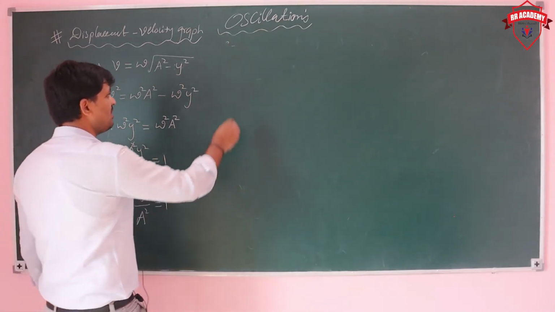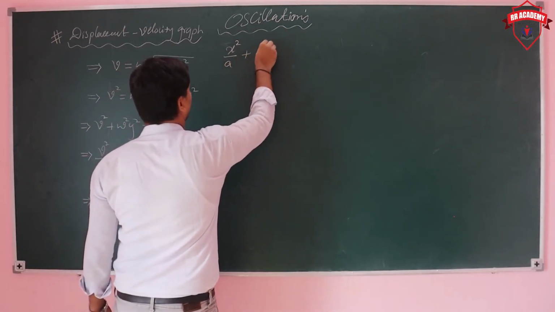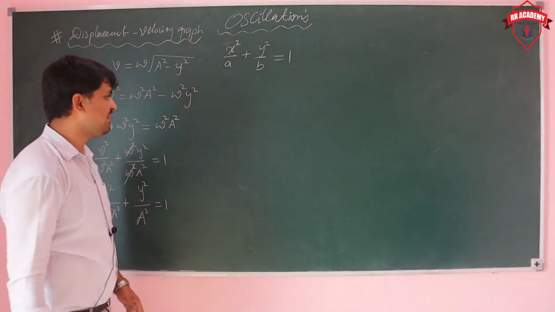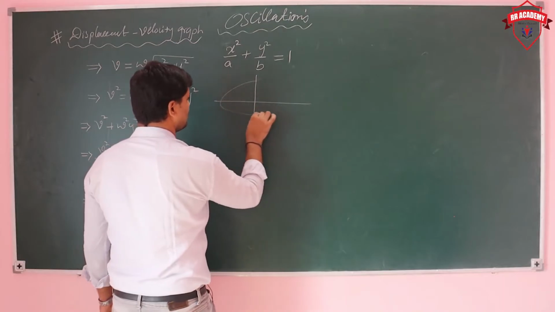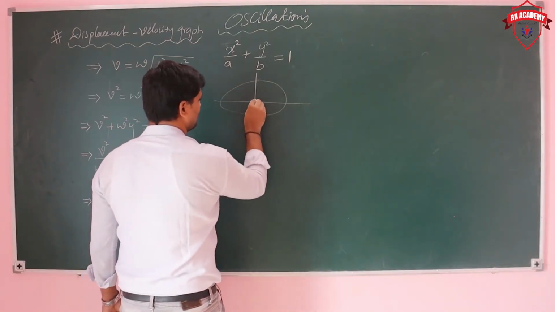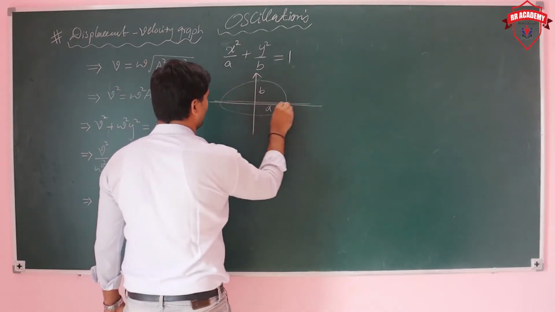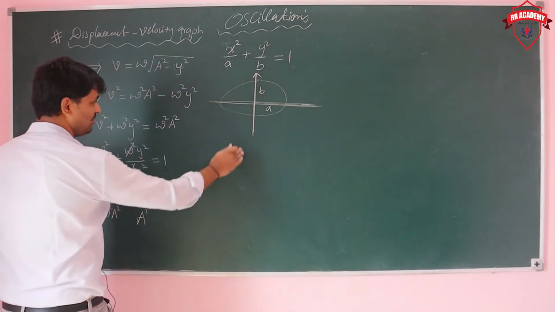So this equation looks like x square upon a plus y square upon b is equal to 1, which means the graph represents the equation of an ellipse. So this is a and this is b simply. If a is equal to b, then that is going to be a circle.